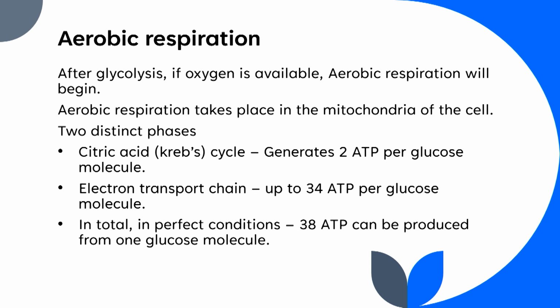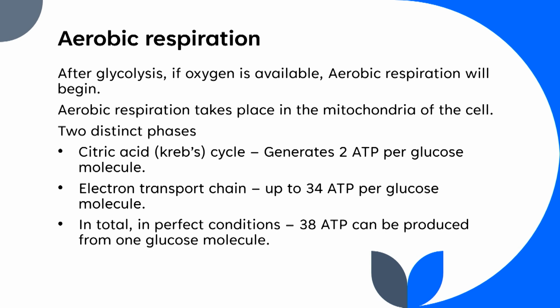This generates 2 ATP per glucose molecule, and most of the energy here is made in the last part of aerobic respiration called the electron transport chain, sometimes abbreviated as ETC. We can make up to 34 ATP per glucose molecule through this part of cellular respiration.